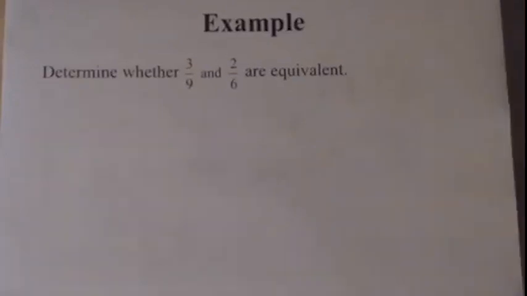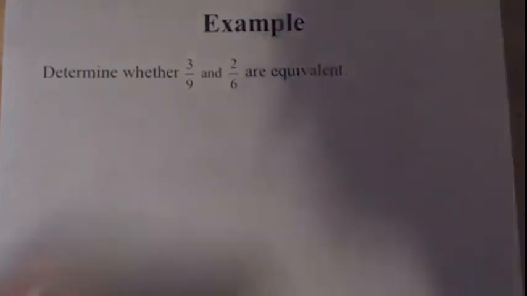Our next example asks us to determine whether 3/9 and 2/6 are equivalent. And one way to tell if two fractions are equivalent is that they would both reduce to the same fraction.